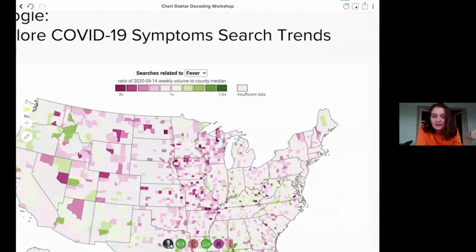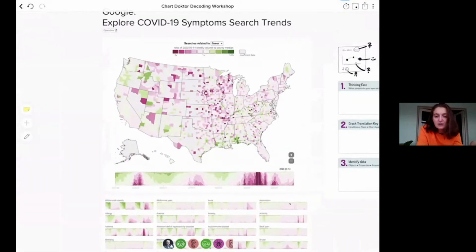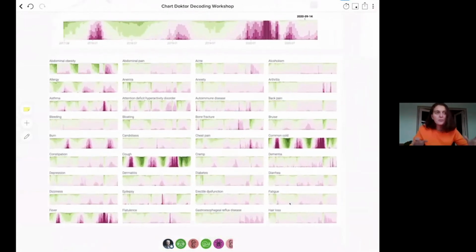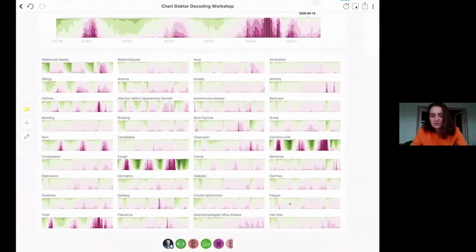Well, we know that hair loss is a COVID-19 symptom, but it is still presented in a chart while the main title of the topic is COVID-19 symptoms. So it's confusing why this kind of data is given here when it's not related to the main topic. I think it's confusing.